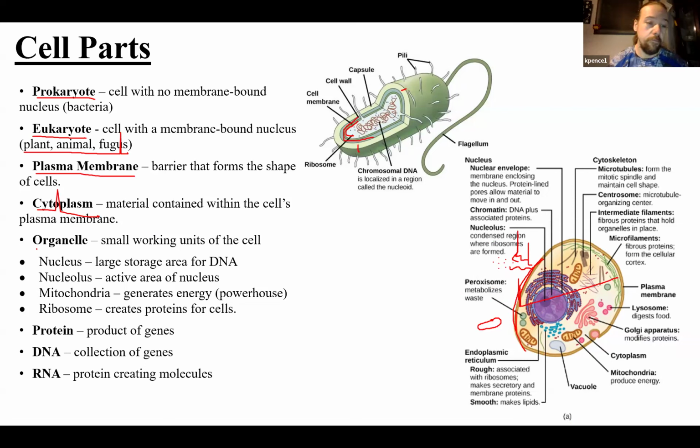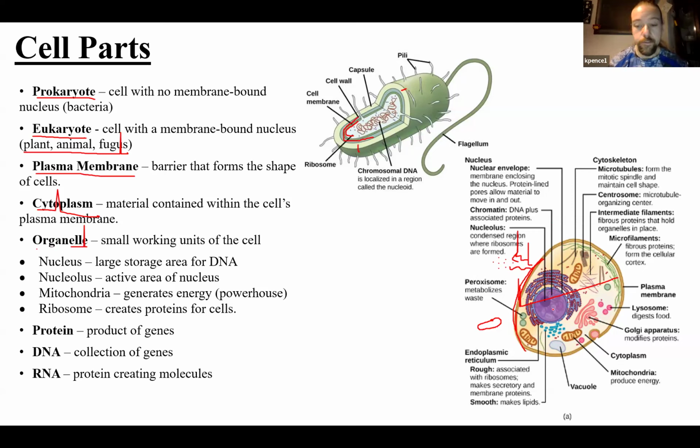An organelle. So we'll start with L. The L means small or minuscule, and then organ is a working structure. So if you look at all these little bitty objects inside the cell, these are all going to be termed organelles because each one has its own little function similar to what your organs are doing for your body. Most of these are already covered.